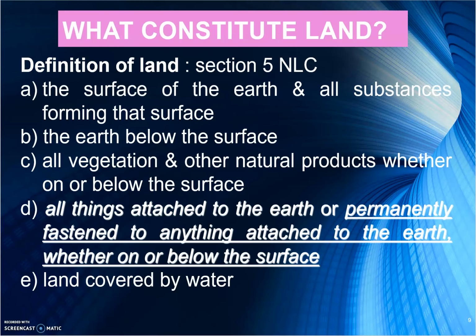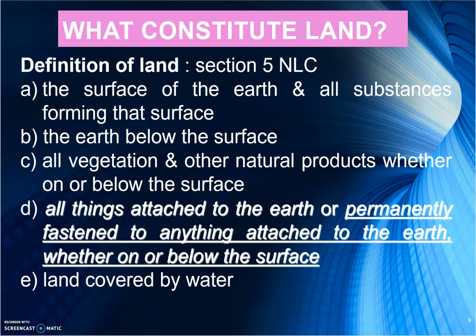Thirdly, all vegetation and other natural products, whether on or below the surface, like trees. And the fourth one, all things attached to the earth or permanently fastened to anything attached to the earth, whether on or below the surface.